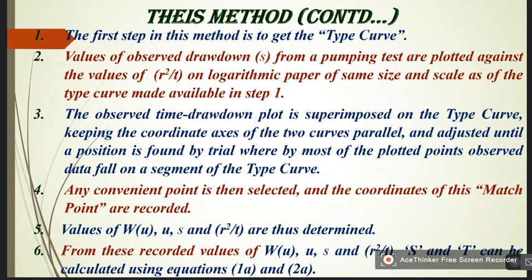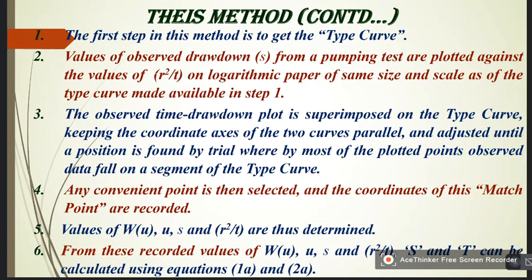Now, values of observed drawdown, S, from a pumping test are plotted against the values of R square by t. Now you have R and t. So plot a graph between R square by t and S on logarithmic paper of the same size and scale as that of the type curve made available in step 1.